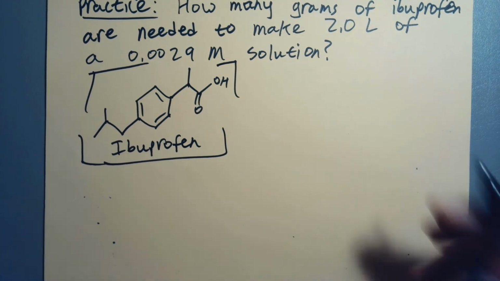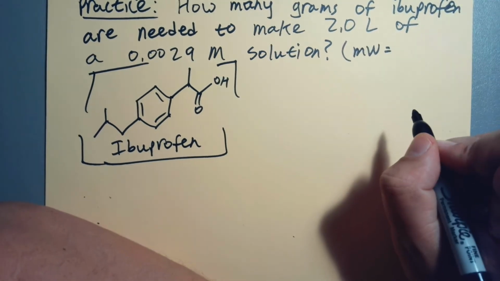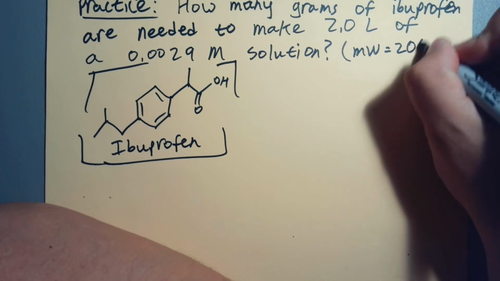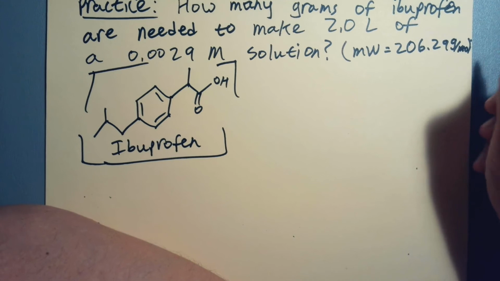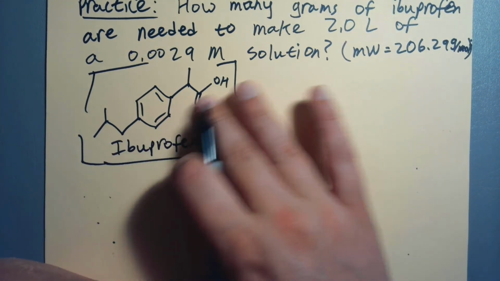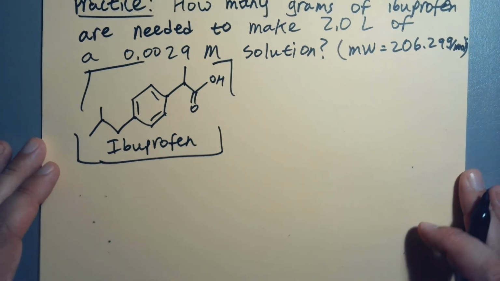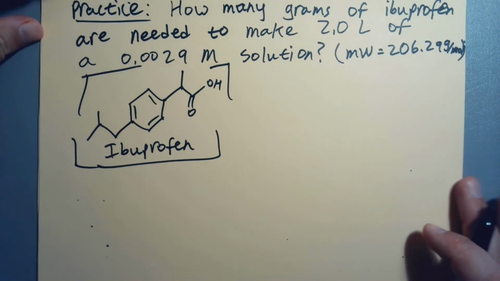No, not at all, because I'm just going to give you the molecular weight of ibuprofen, and it is 206.29 grams per mole. Okay? Feel free to count up all the carbons, hydrogens, oxygens, add them up, and confirm that number if you like. Or you can Google what is the molar mass of ibuprofen, and it'll probably be right.